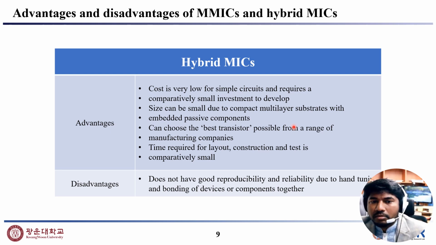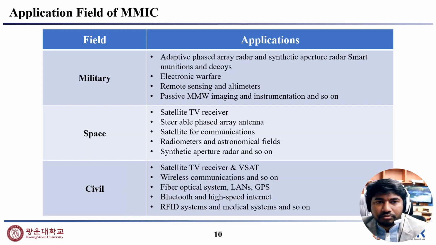For hybrid MIC, the advantages are much better than MMIC: cost is very low for simple circuits and it requires a comparatively small investment to develop. Size can be small with embedded passive components, and you can choose the best transistor, etc. Its most important disadvantage is that it does not have good reproducibility and reliability due to hand tuning, etc.